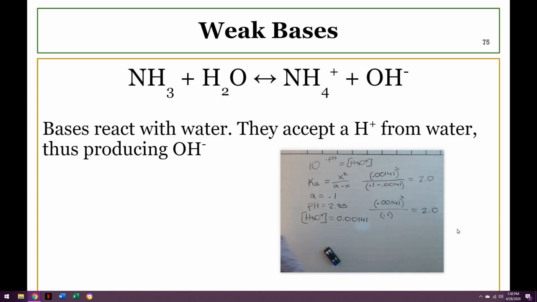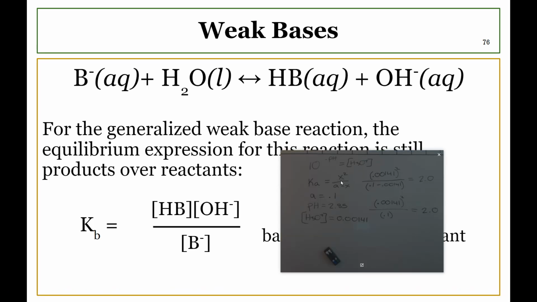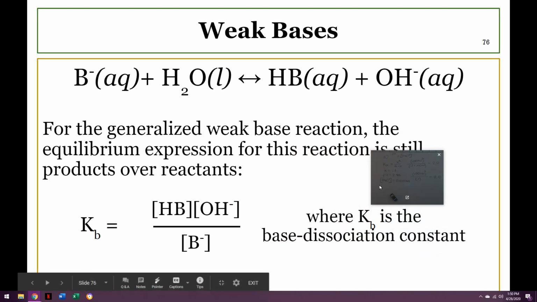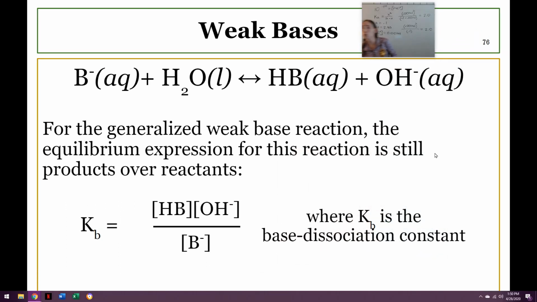All right, let's look at our next slide. Here's your general base equation where B minus is representing your bases. Not all bases have negative signs, but this is reminding you that bases want to accept a hydrogen. So a base plus water turns into HB because the base has accepted the hydrogen and water's left as hydroxide.